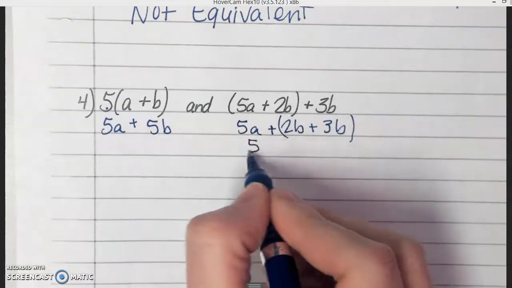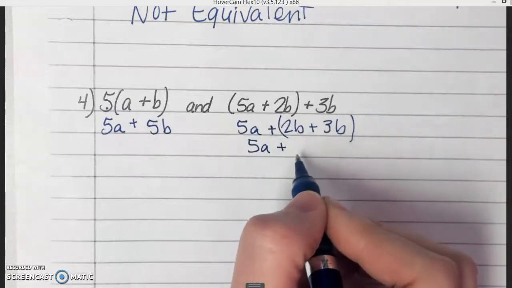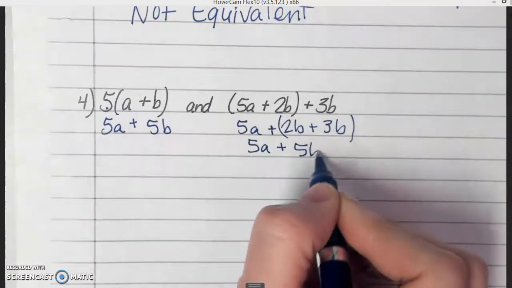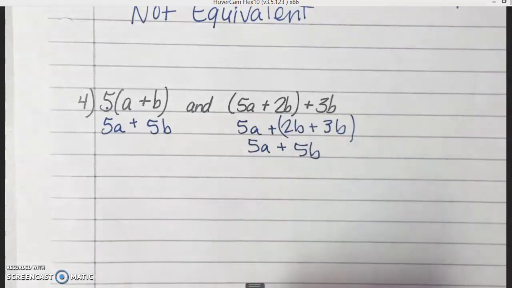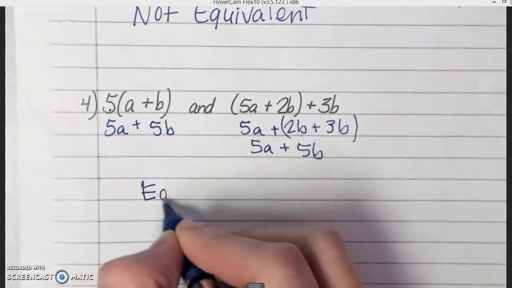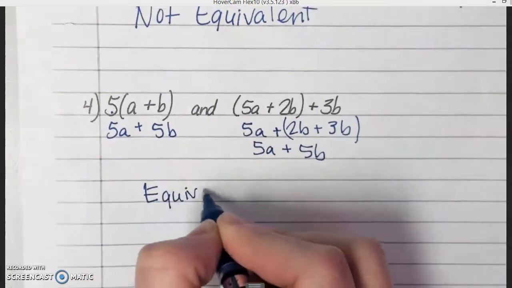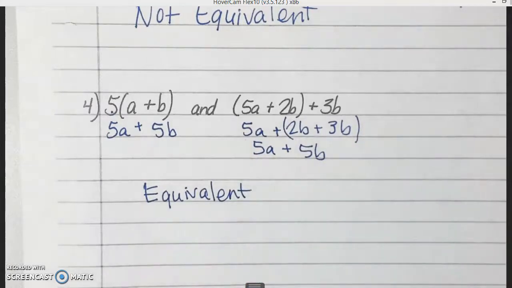So 5a plus, what's 2b plus 3b? 5b. So what can we say about these? They are equivalent. 5a goes with 5a, 5b goes with 5b. Okay. Do you understand? Yeah, I didn't see the one over there. I just now saw it.